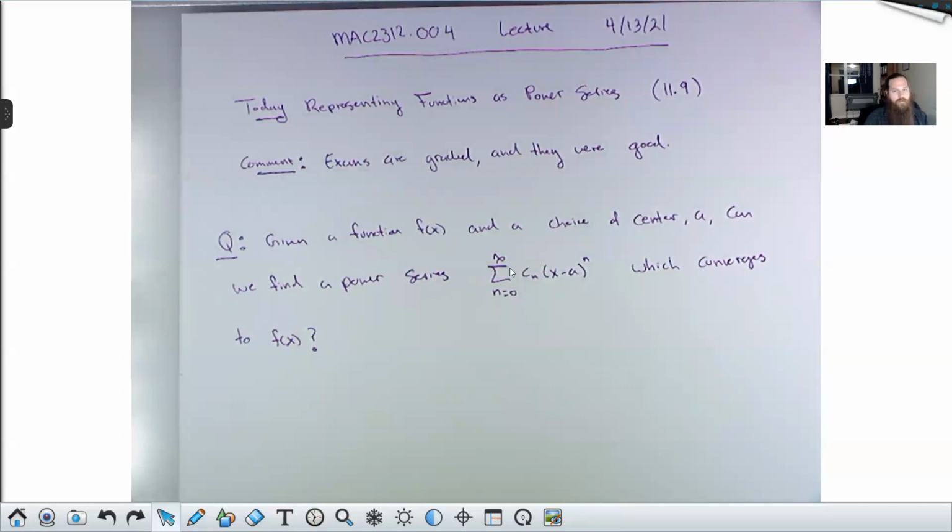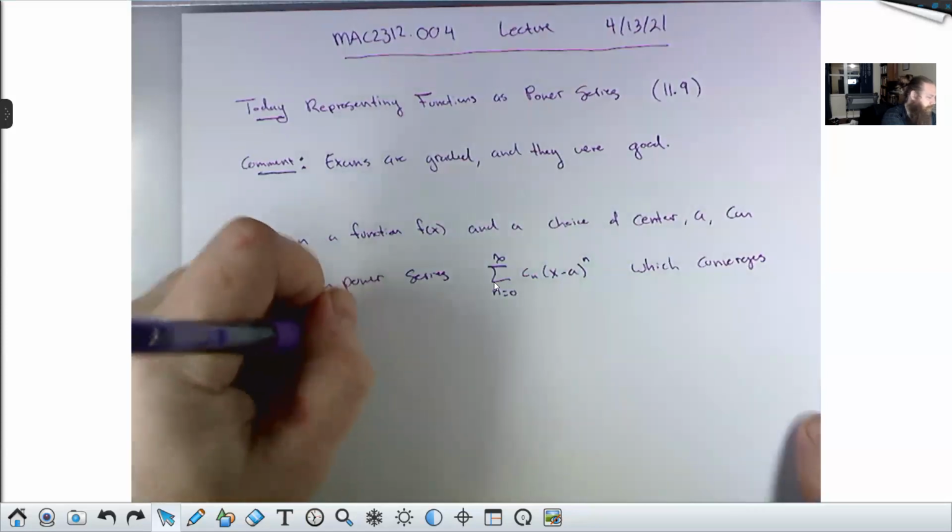Can we find a series so that when you plug in any x value from the IOC, you get what you would have gotten if you just plugged into f? That's the game. And that's why we call it a representation. Another word for this is a power series expansion for f of x.